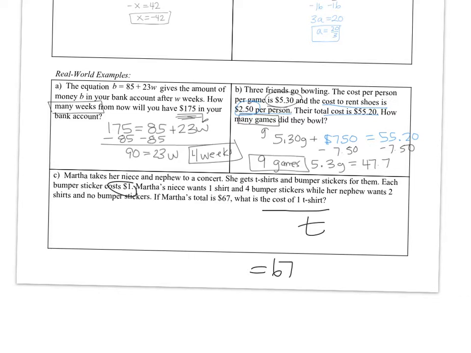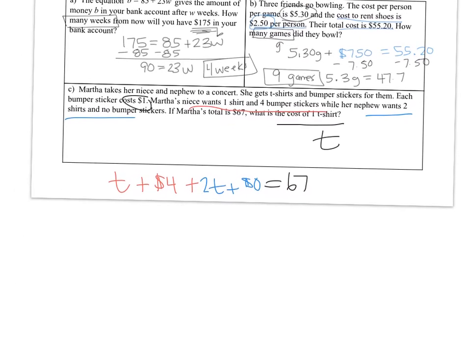So Martha's niece wants 1 shirt and 4 bumper stickers. So that's going to be 1 shirt plus a bumper sticker is $1. So that's going to be $4. Plus nephew wants 2 shirts, so 2T plus no bumper sticker. So that would just be $0. I don't even need to write that in. So now I'm going to solve this.